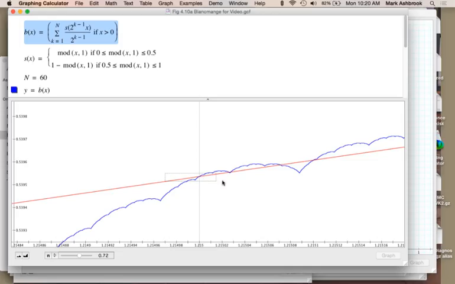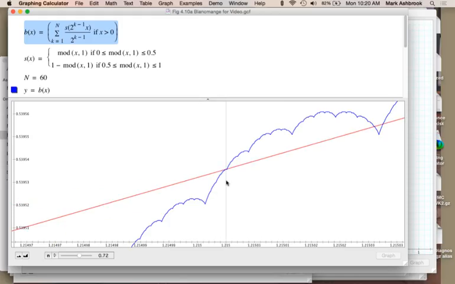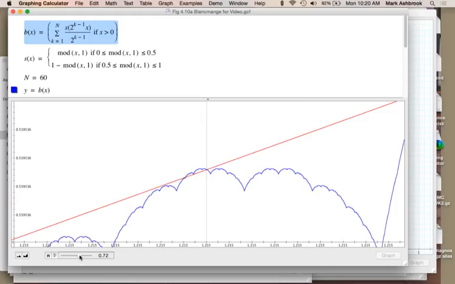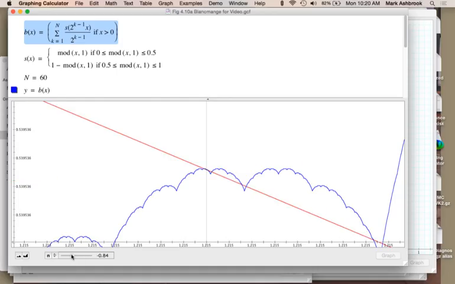So I'm zooming in here, and I'm looking for my constant rate. I keep zooming in. What's going on here? Oh, it's negative. Look at that. I'll zoom in again.